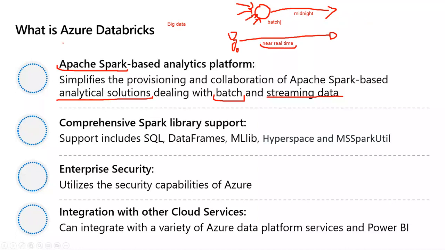So Azure Databricks will be able to do that with your big data. You will have a comprehensive Spark library to work on and perform machine learning capabilities. Especially in this course, in your labs, you're going to work with a hyperspace library. Should I mention data frames? It's a very important library within Python.